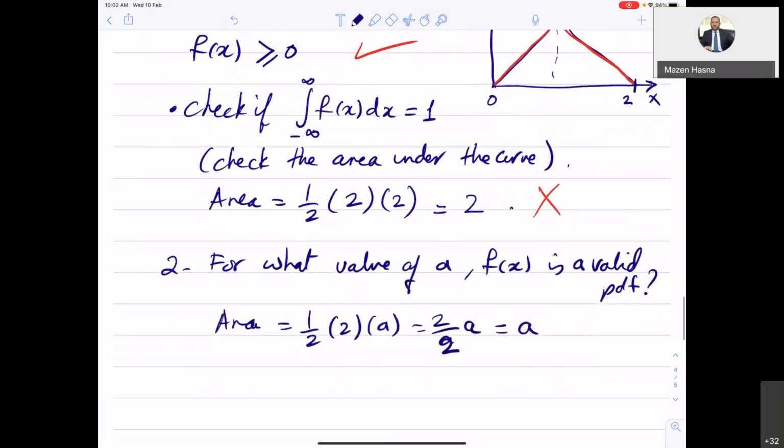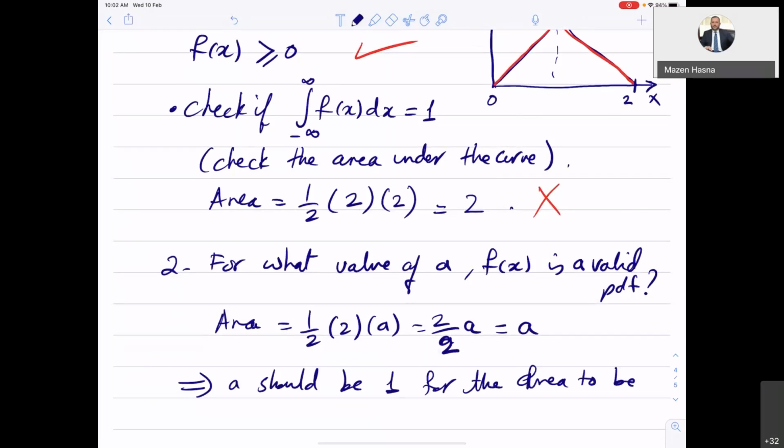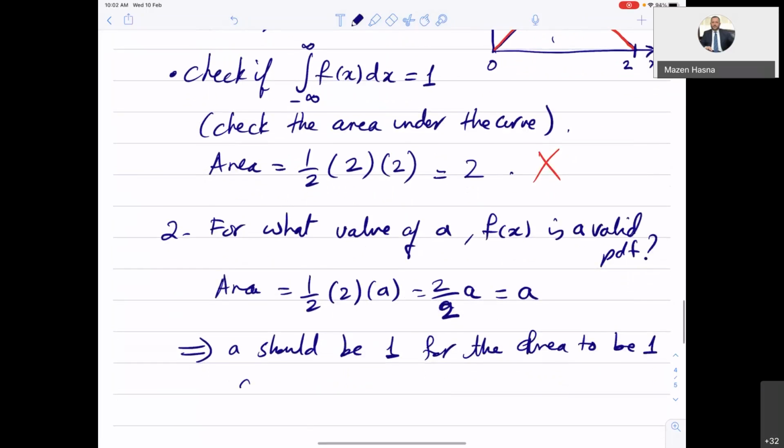The area is a. So a should be 1, right? For the area to be 1, and for f of x to be a valid PDF.